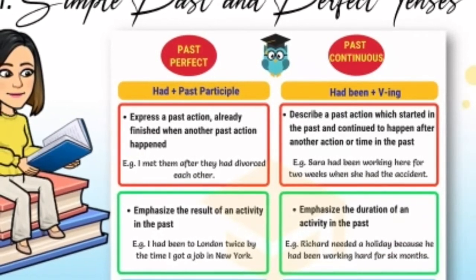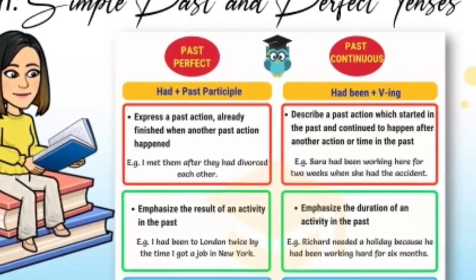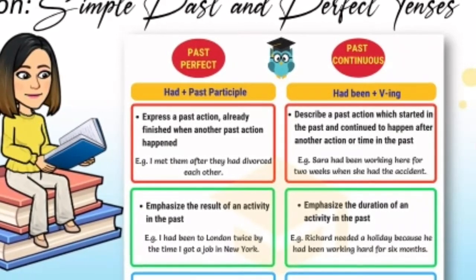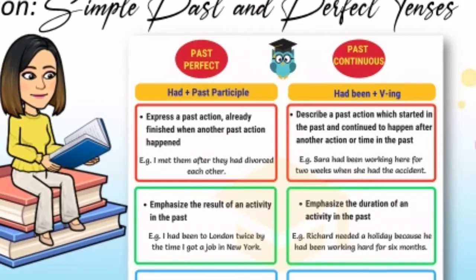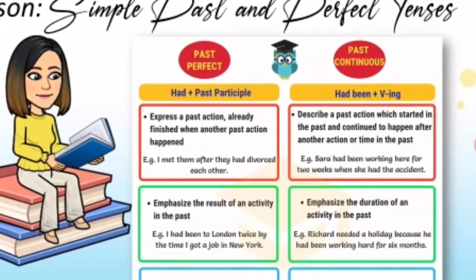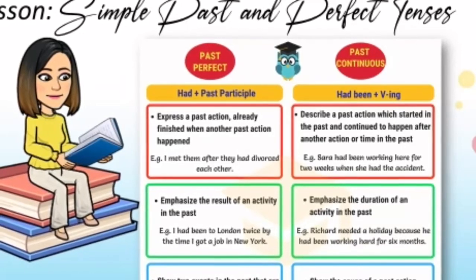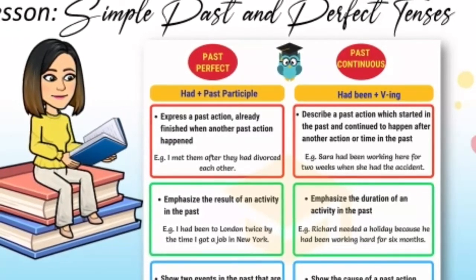Example, I had been to London twice by the time I got a job in New York. And the third one is to show two events in the past that are linked. Example, I couldn't take my flight because I had forgotten my boarding pass.